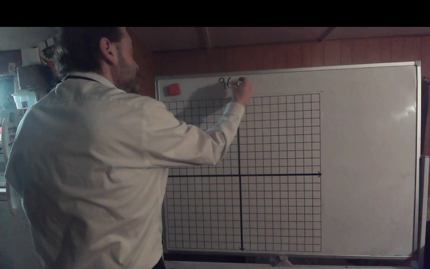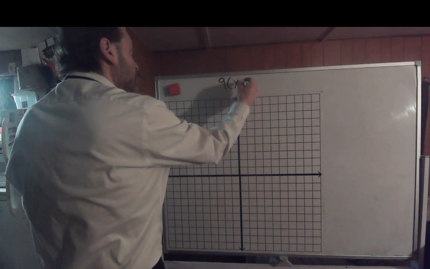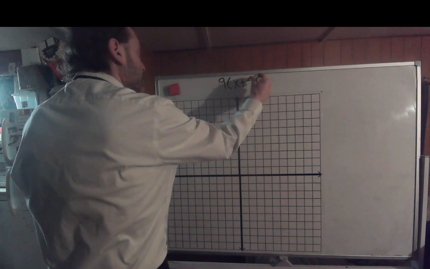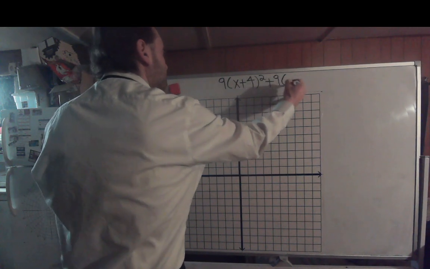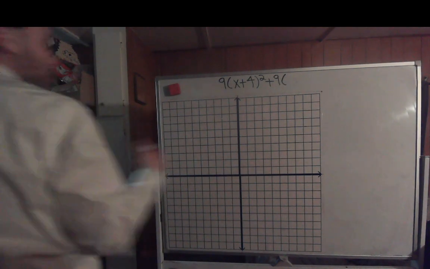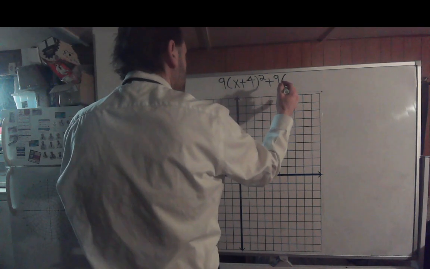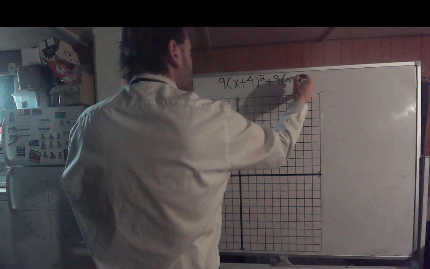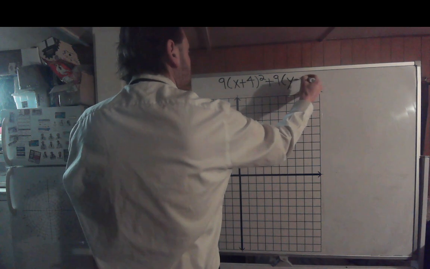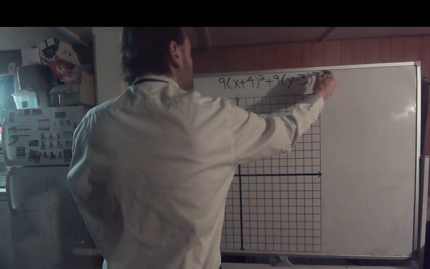Nine times (x plus 4) squared plus 9 times (y minus 3) squared would equal 81.